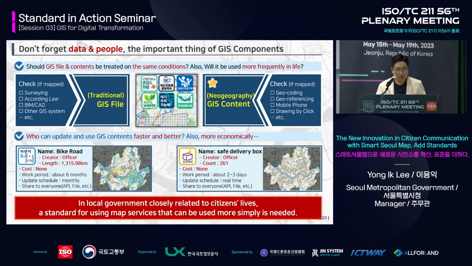That was supposed to be the end of my presentation, but I wanted to pose a question for us all together. Until now, GIS information was for the experts. It used to be something very difficult.